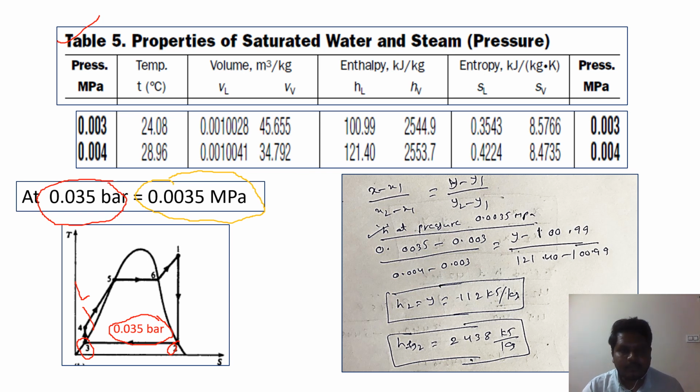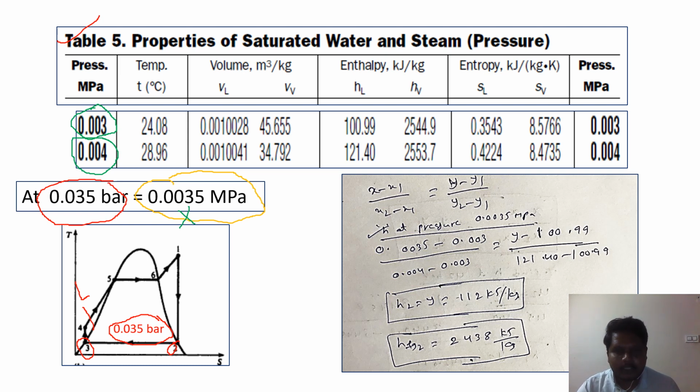But if you look at the steam table, here we have 0.003 megapascal and 0.004 megapascal. We don't have 0.0035 megapascal. So here also, by doing interpolation, we can find the enthalpy and entropy values at 0.0035 megapascal.